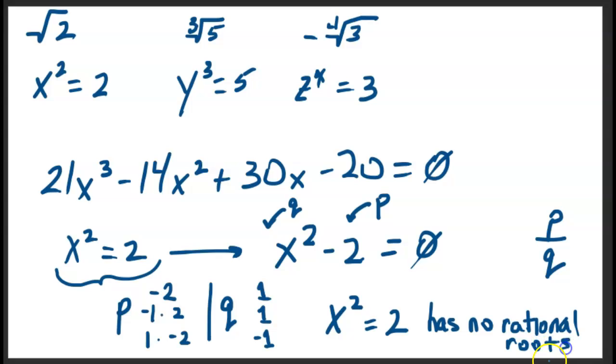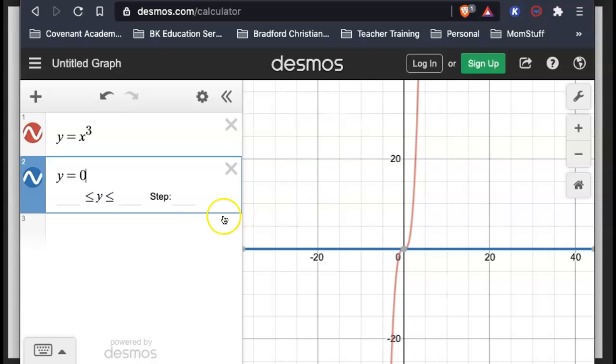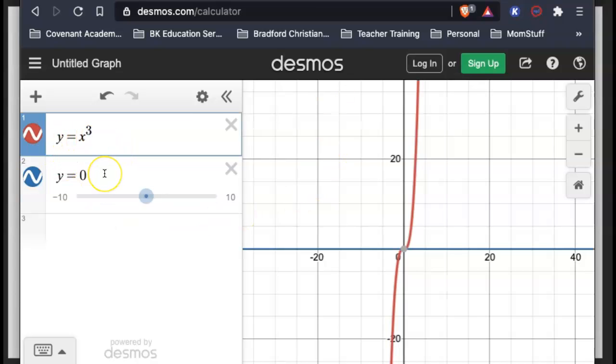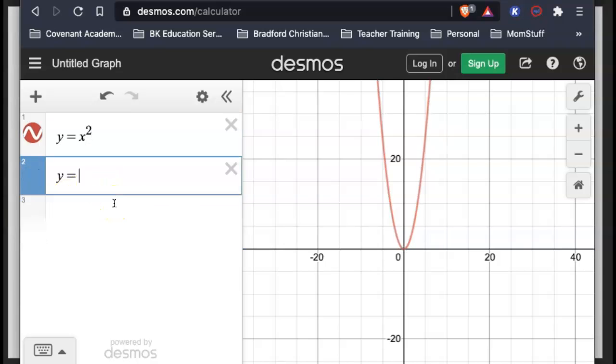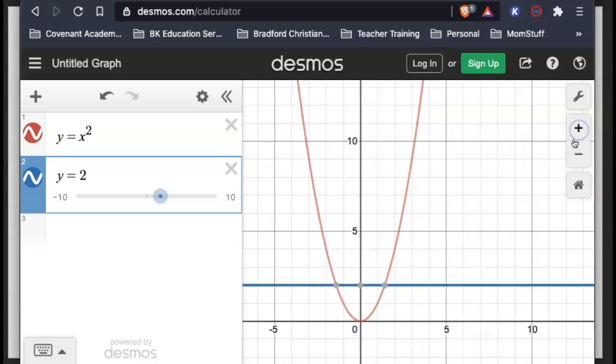Now let's take a look at what that looks like graphically. Let's say that y equals x squared, and then let's say that y equals 2. Now you're going to notice that when we say it has no rational roots, it doesn't mean it doesn't have any solutions. Look at our graph here. Let's zoom in on it a little bit.